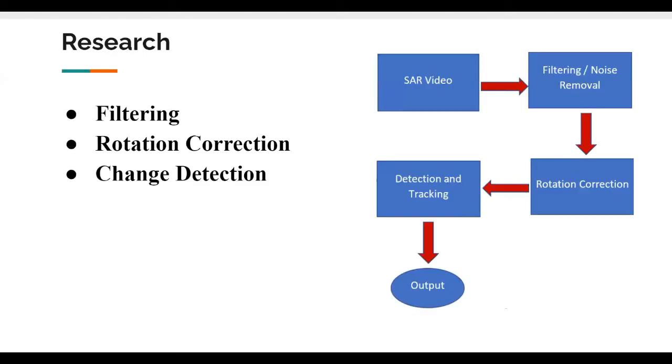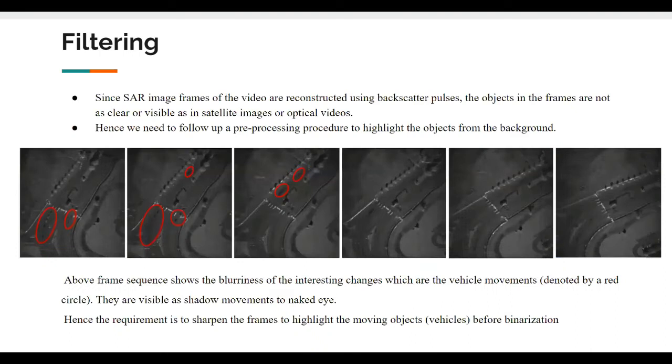So the research is a 4-step process. We derive the SAR video, then we do the pre-processing to filter the noise, then rotation correction, detection and tracking, and finally the output.